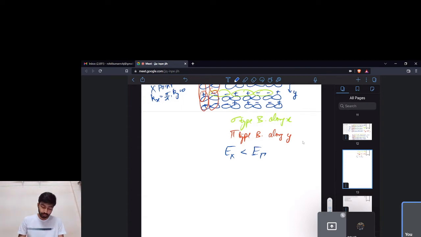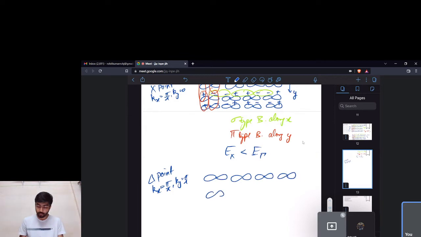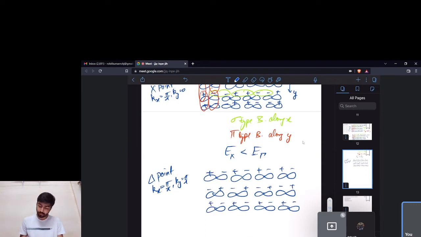Now let us see what happened at delta point, where we have kx equal to pi by a and ky also pi by a. So we'll be having the wave function flipping its sign in both x and y direction: plus minus plus minus, minus plus minus plus, plus minus plus plus minus plus minus plus minus plus plus minus.